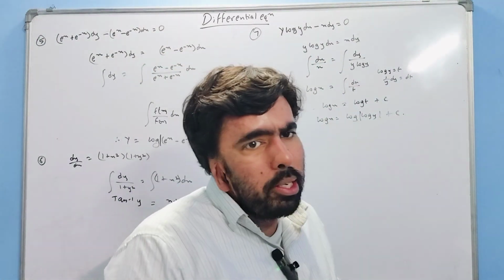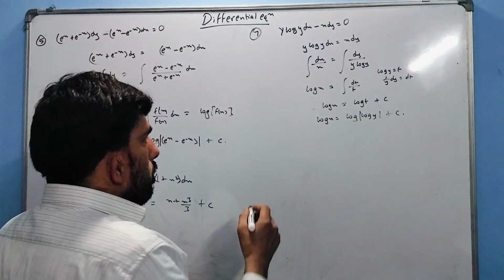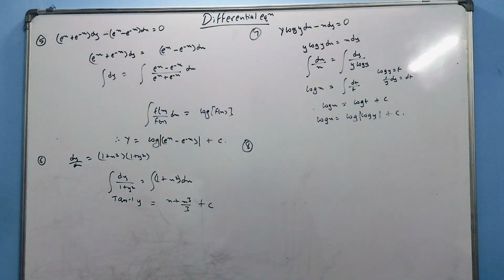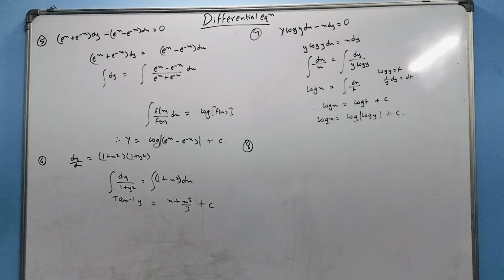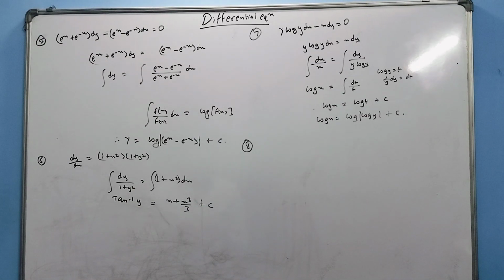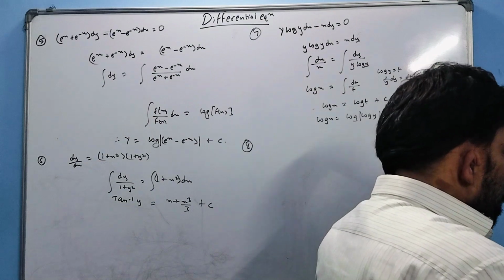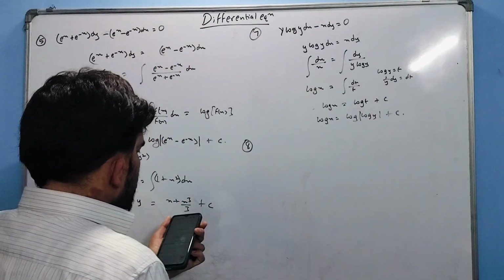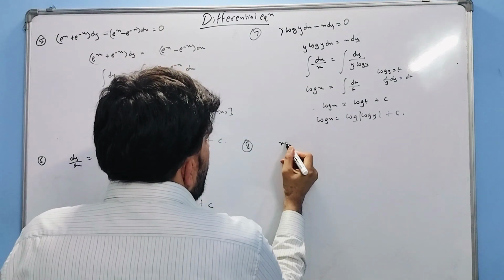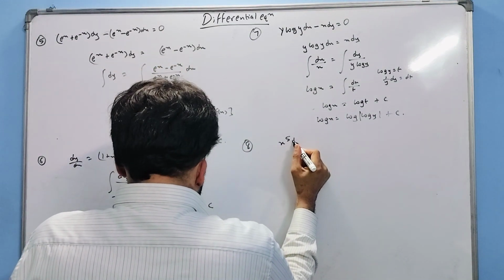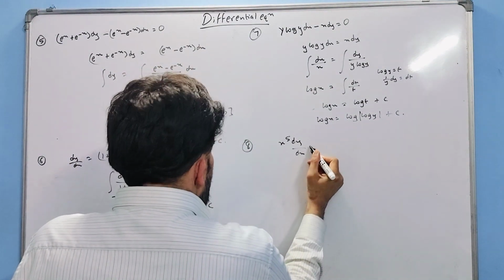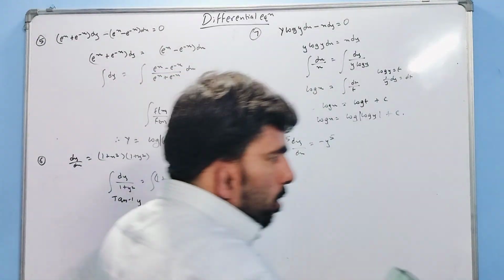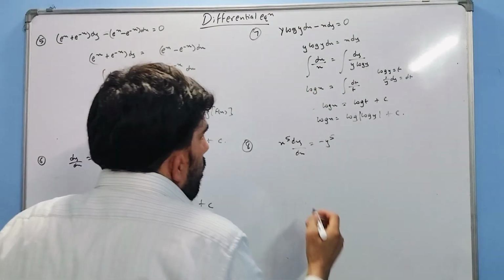Now let us try to solve the next question, the eighth question. We have just solved 7 numericals. Now the eighth is x⁵ dy/dx = -y⁵. So how can we solve it?